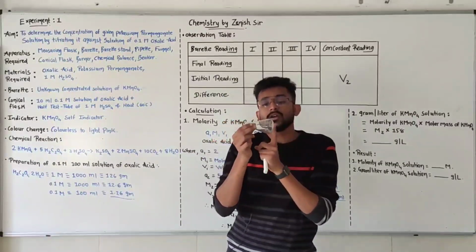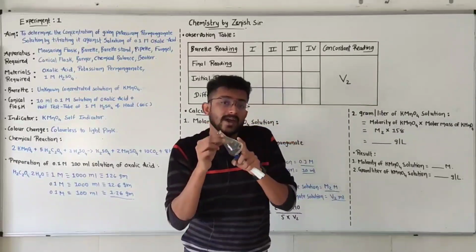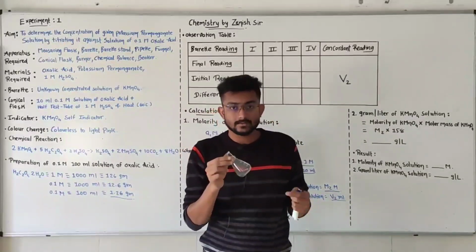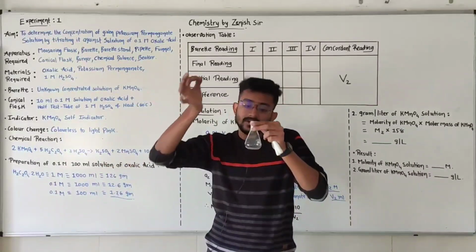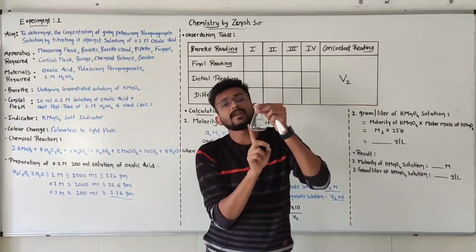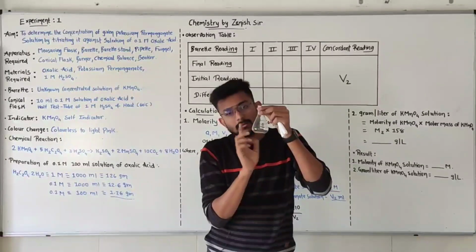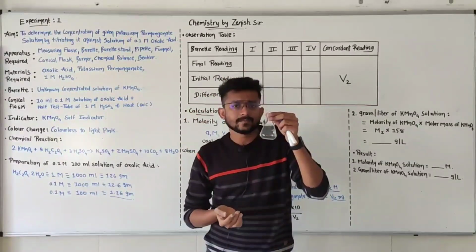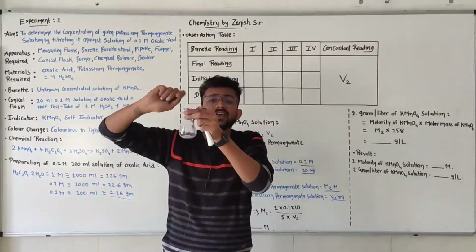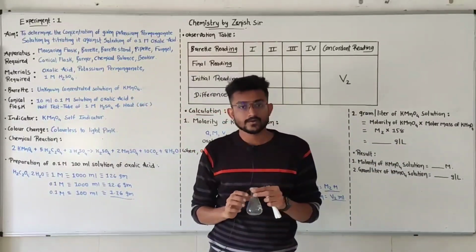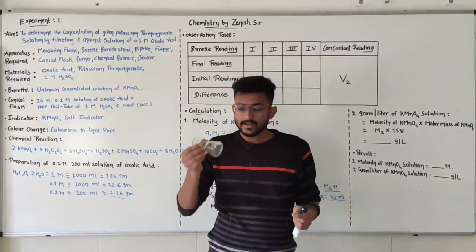This is the container where we are going to react. So 10 ml of oxalic acid solution from the pipette will be transferred into this flask. Some H2SO4 will be added. We will heat it up to 60 degrees Celsius and we will titrate it against the KMnO4. So this is the whole procedure.